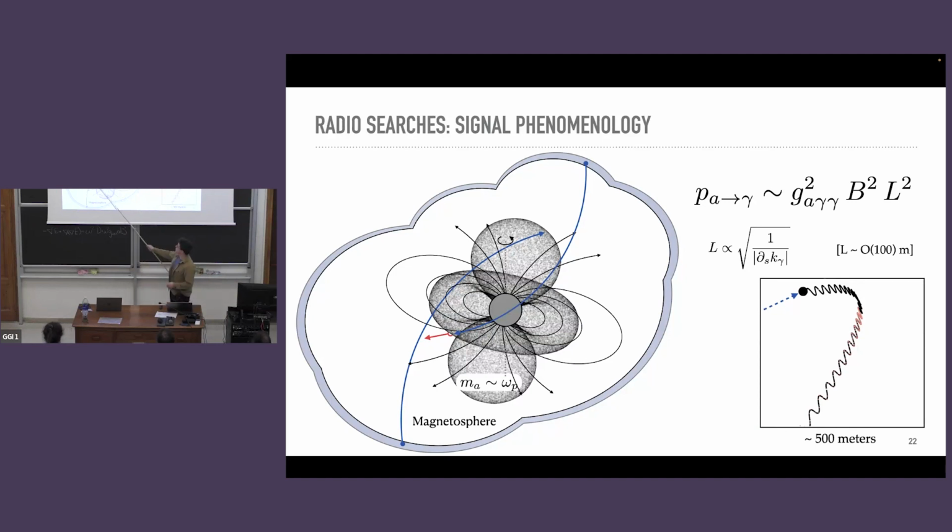Another hard part is that the same plasma mass that allows this resonant conversion to happen also leads to non-trivial effects in the photon's propagation away from the neutron star. One way of understanding that plasma mass is as an effective index of refraction. So here I'm plotting the photon trajectory after the time of conversion, in which it is strongly refracted through this magnetized medium.